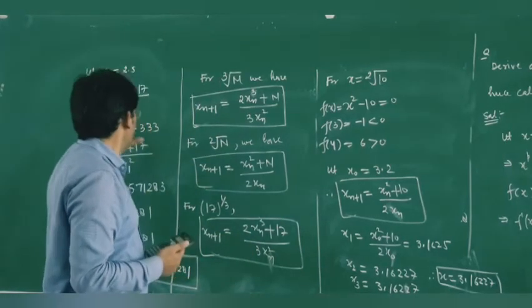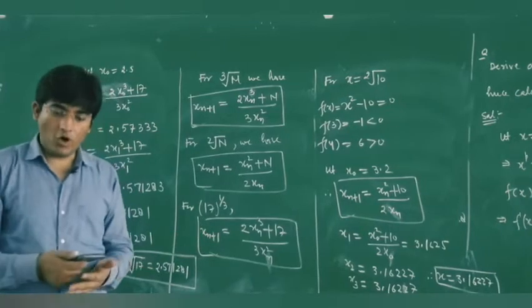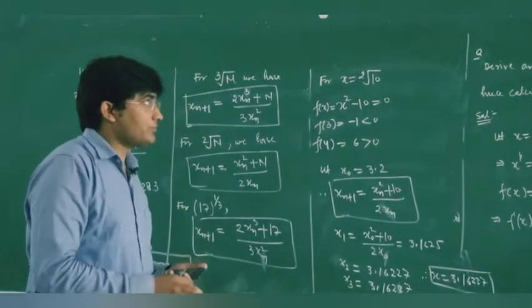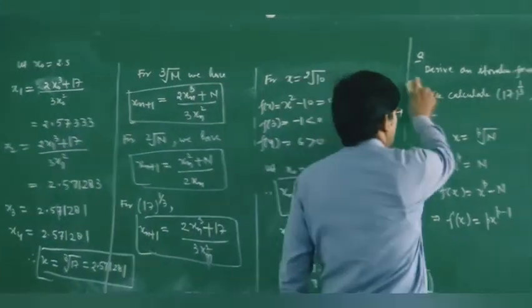Here we have obtained the cube root of 27, cube root of 17. Similarly, we can obtain the reciprocal of a number. Now let us write an iteration formula for the reciprocal of a number.